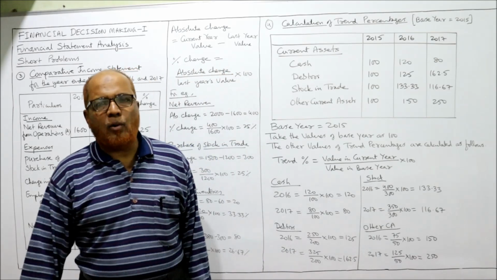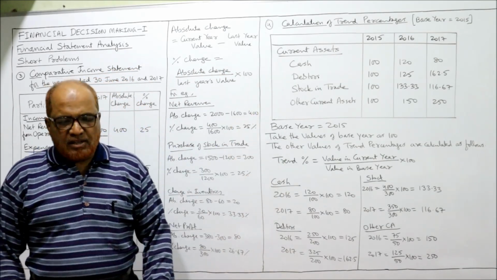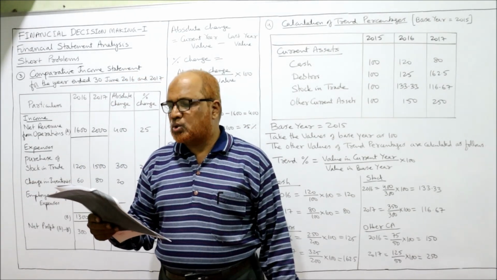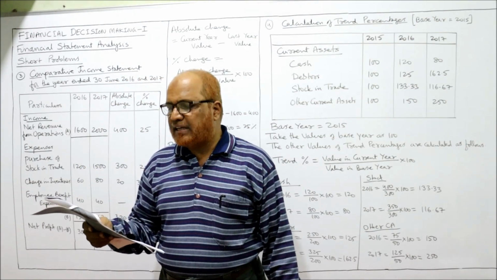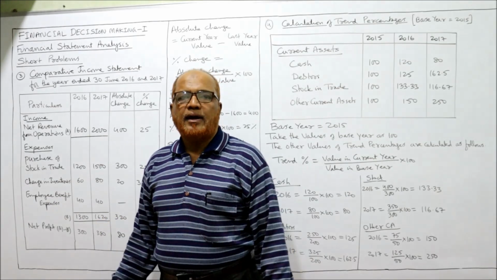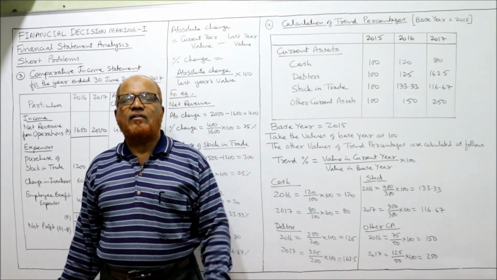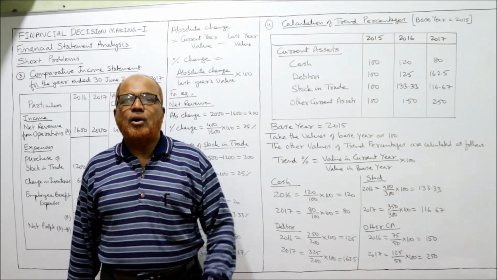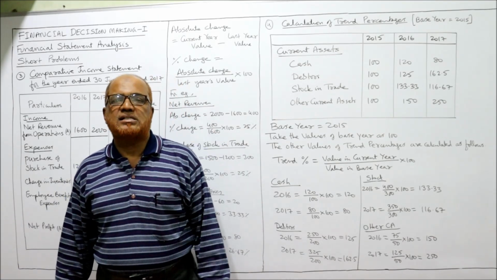Now, problem number 4. See the fourth problem. You are required to calculate trend percentages for the following data, taking 2015 as the base year. Trend percentage is also one of the methods or techniques of analyzing financial statements where more than 2 years' data is given.